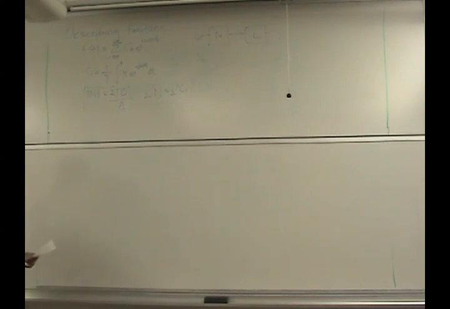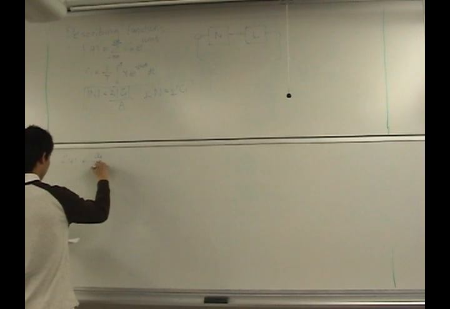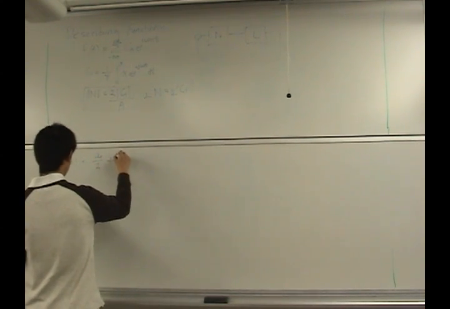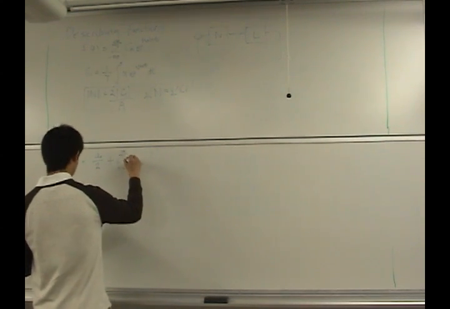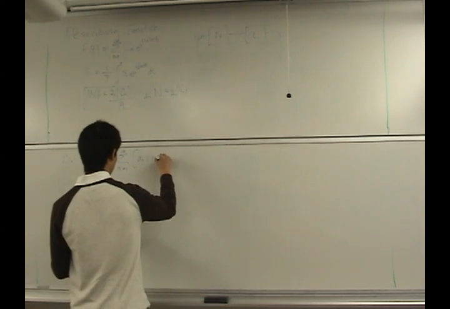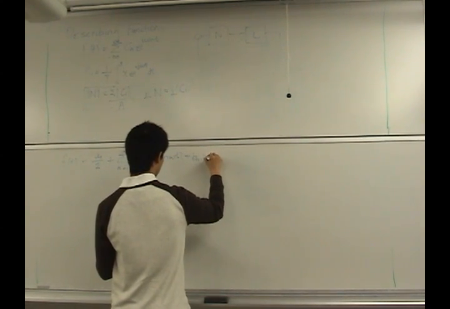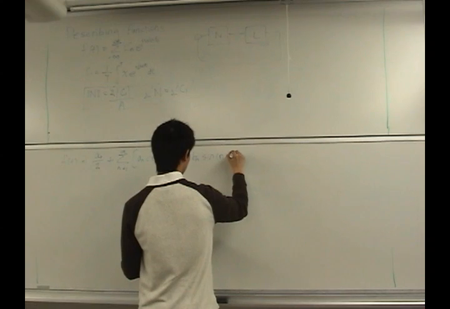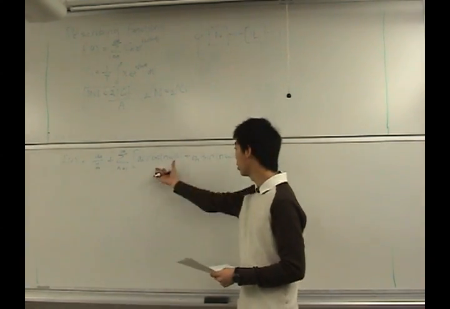So, another formulation: the Fourier expansion is some DC term plus a cosine term and a sine term.